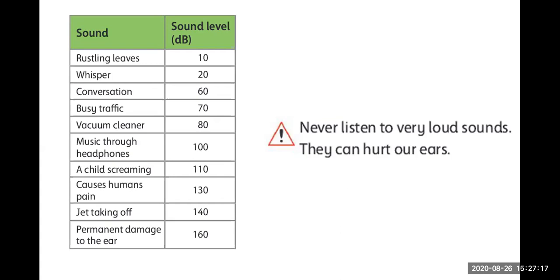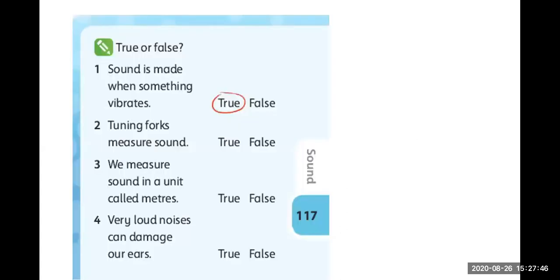Their sound levels change, some of them quiet and some too loud. We must never listen to very loud sounds, because they can hurt our ears, especially if it is higher than 160 decibels. It can damage the eardrum in your ear and it can be painful and dangerous.